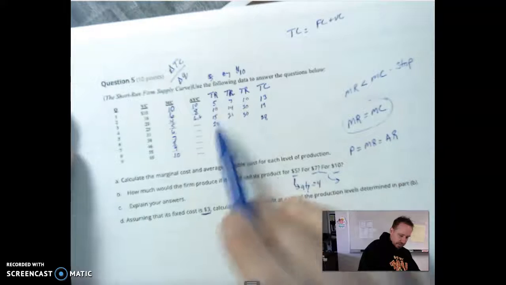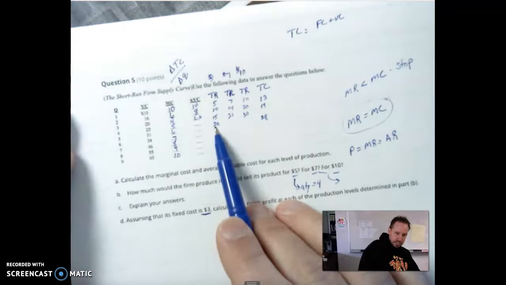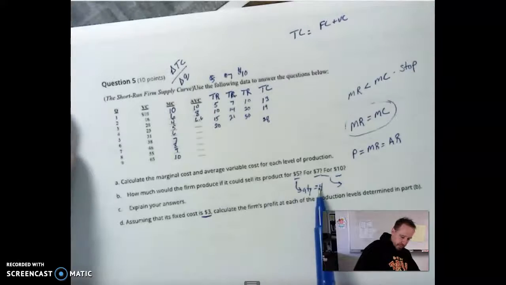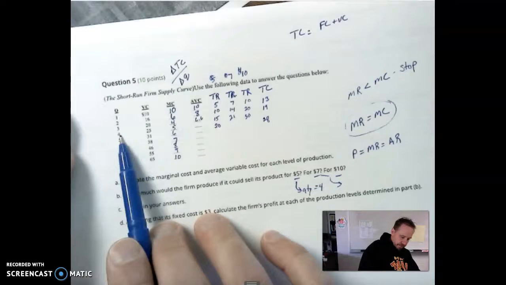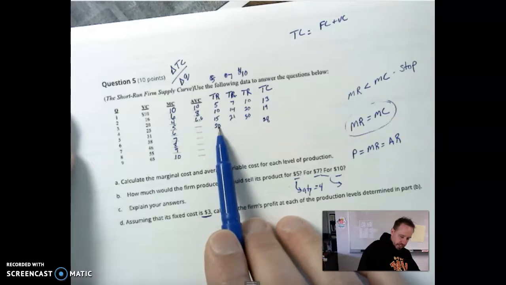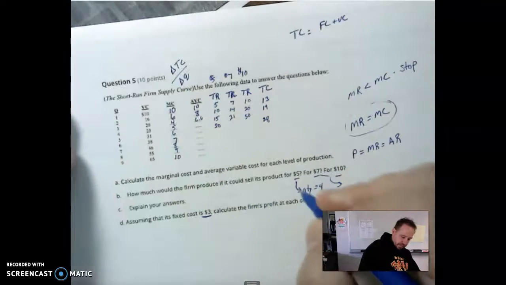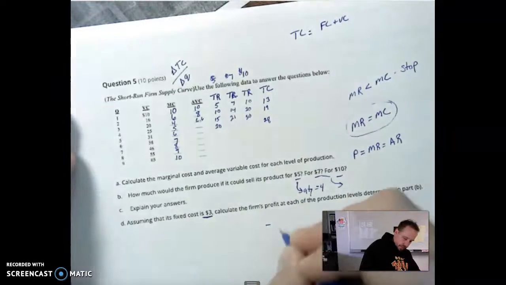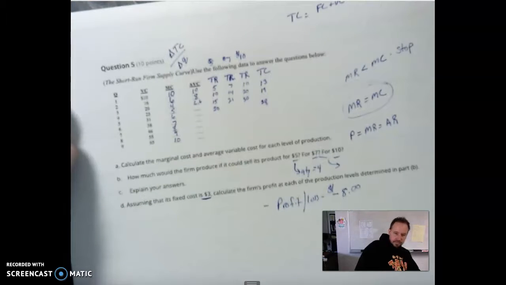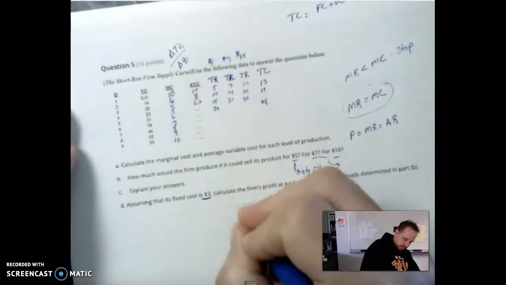So at an output level of 4, at $5 I'm making 4, 4 times 5, that's my total revenue of $20, my total cost is 28. So at $5, my profit, actually loss here, is minus 8. Okay, so that's at $5.